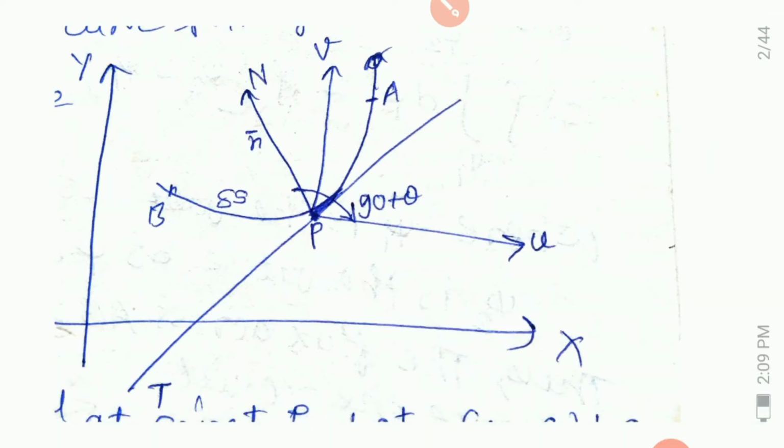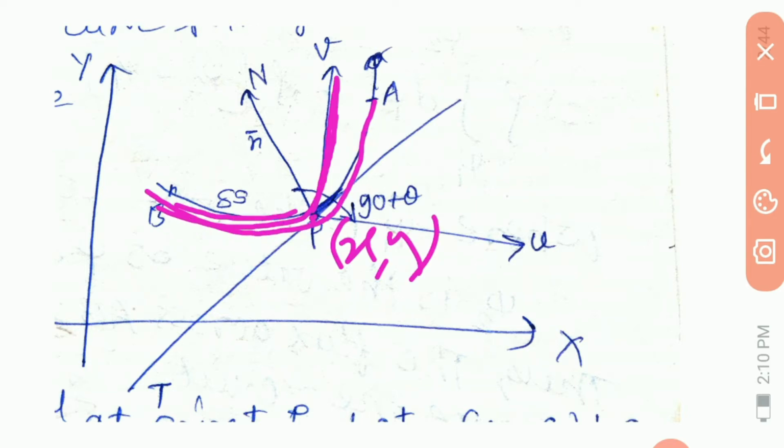Suppose delta S is a line element at a point P(x, y) of the curve AB.